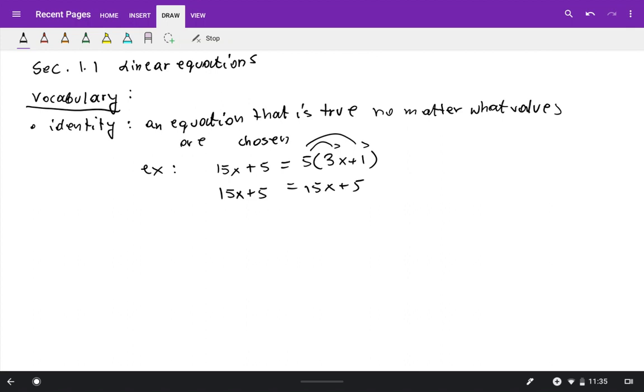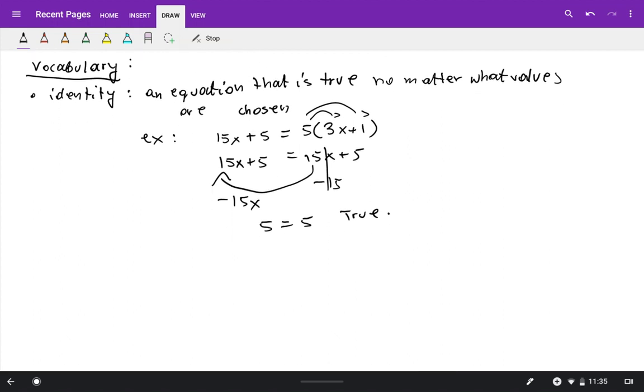Let's say you're trying to solve for x. That means we want to move that 15x to the left side, so we subtract 15x from both sides, and that gives you just 5 equals 5. So the variable cancels and you end up with number equals number. So this is definitely true. An identity is an equation which is true for any value of x. No matter what you plug in for x, you always end up with a true statement, which is 5 equals 5.